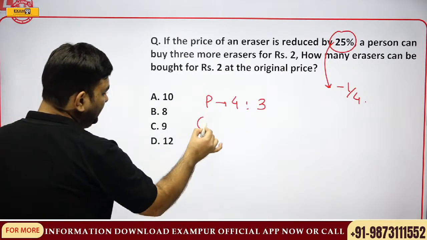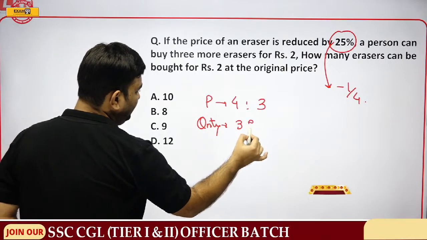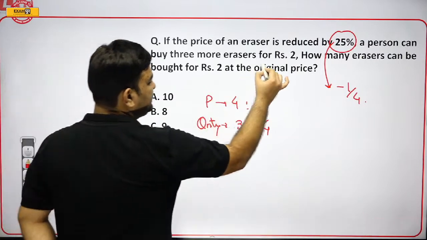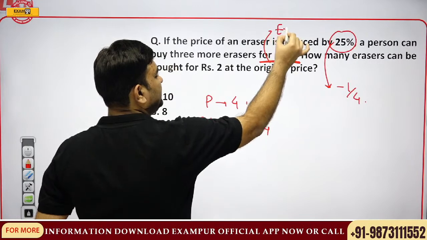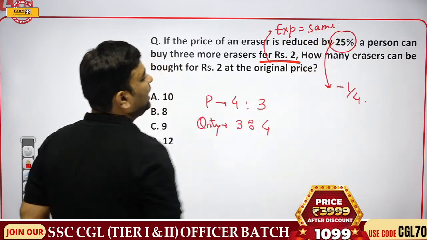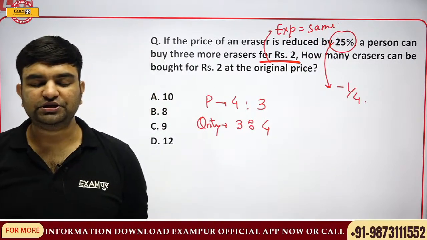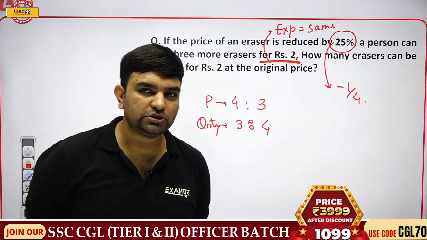Quantity changes in the inverse ratio, so quantity would have increased in the ratio 4:3 because the expenditure is the same. Initially also 2 rupees, after decreasing the price also 2 rupees.